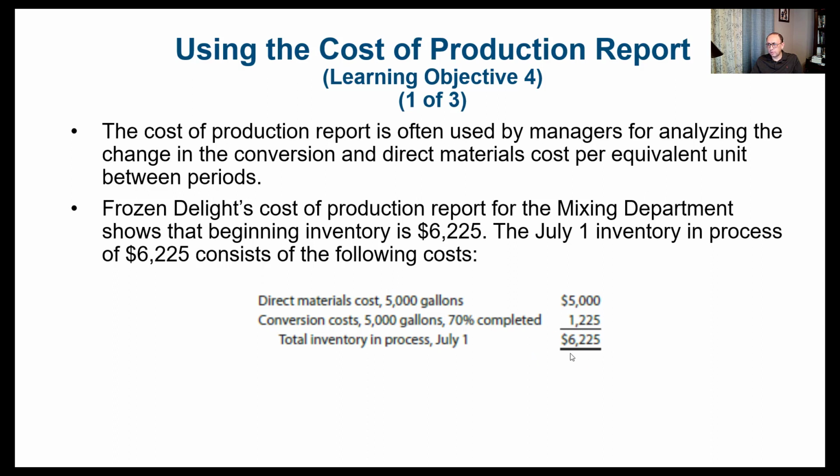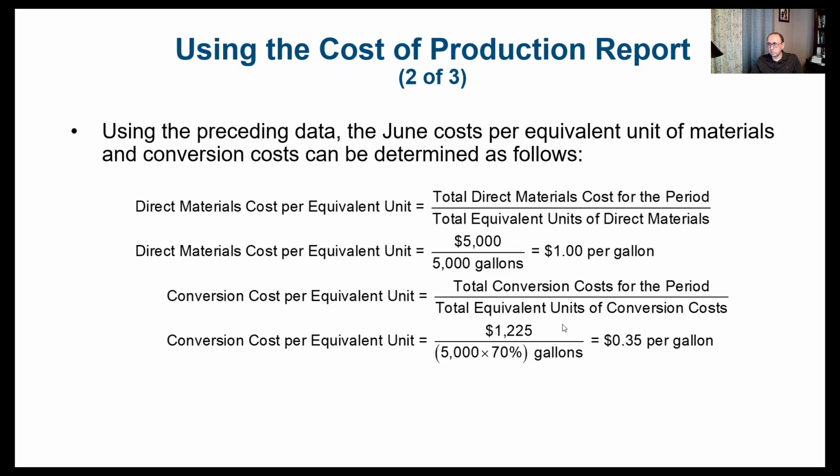So the total inventory in process was 6,225. Now let's see 5,000 gallons. So it seems that the direct material was $1 a gallon. And we divide the same thing. Let's just see this in the next slide.